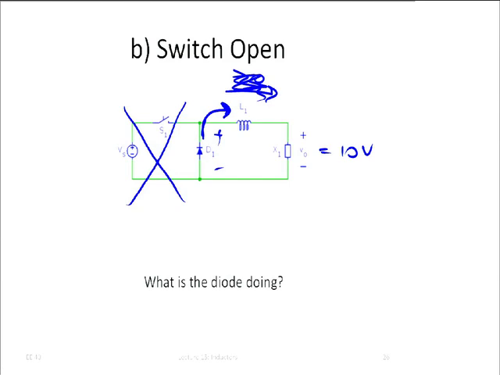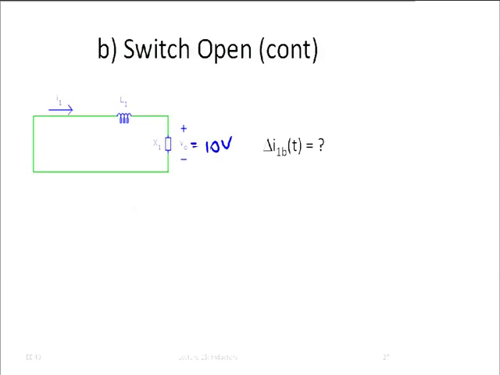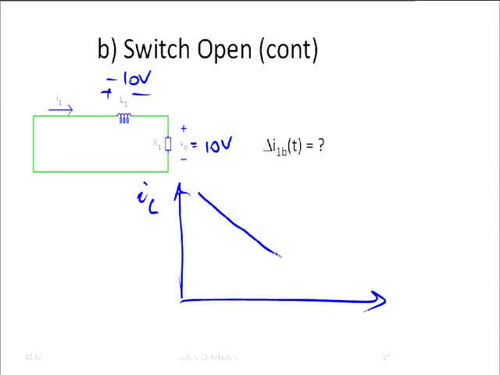So here we have exactly the same thing now. The voltage across our inductor is now minus 10 volts, and consequently the current in the inductor, from wherever it was, is going to decrease at a rate equal to minus 10 volts over L1.